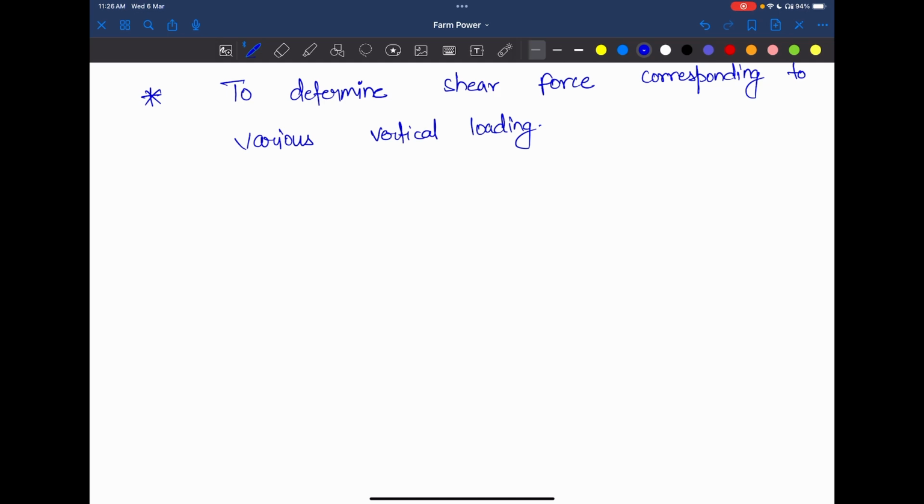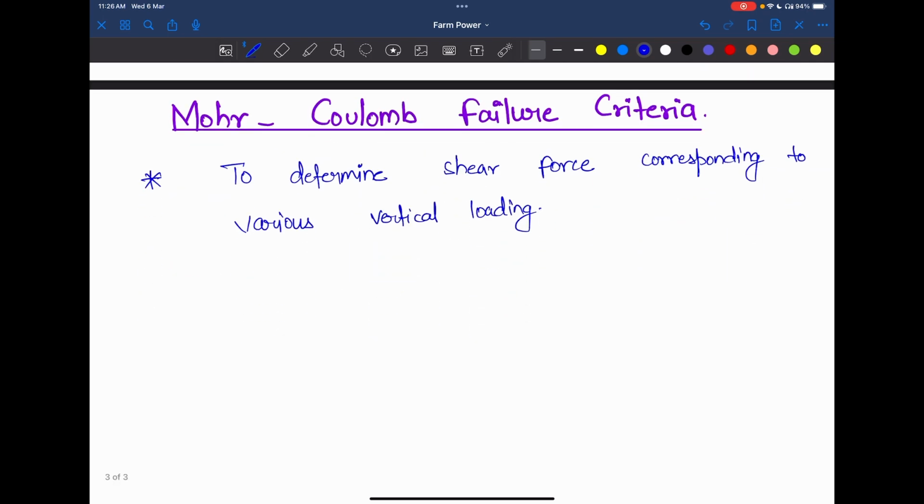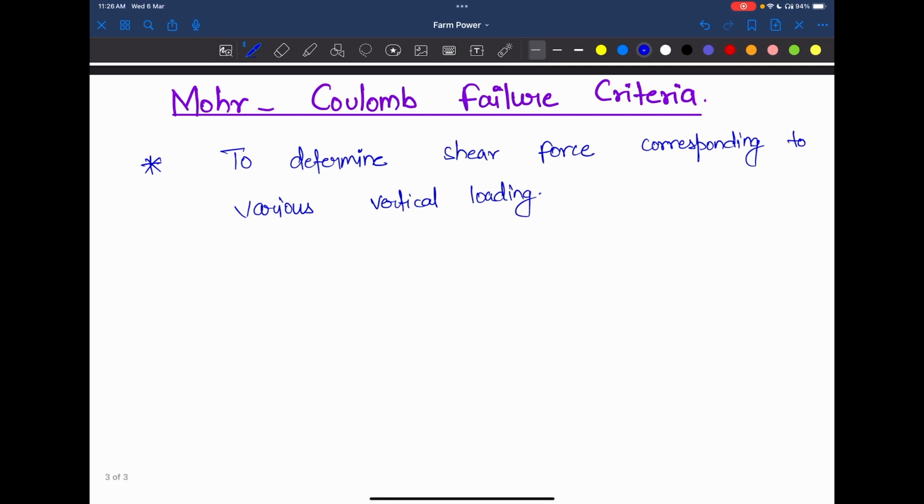The application of the Mohr-Coulomb criteria to a soil plate lug situation provides insight into the nature of the plate, that is the lug loading, and the soil shear behavior.